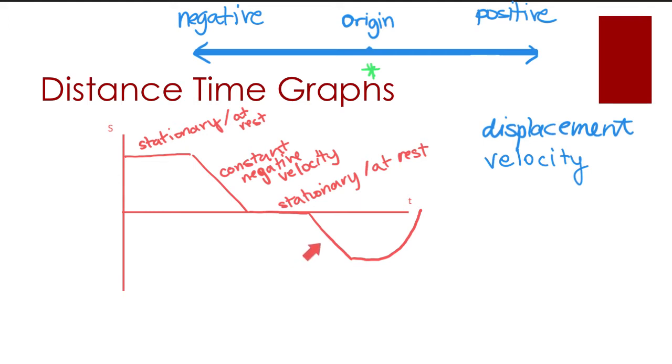So take a second and think what's going to happen to my green star. Well, I hope you said that it was going to continue to travel in the negative direction, and it's going to continue traveling at a constant negative velocity.